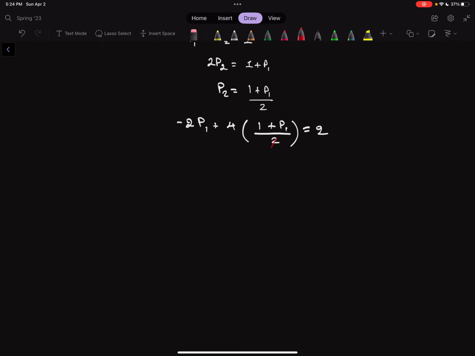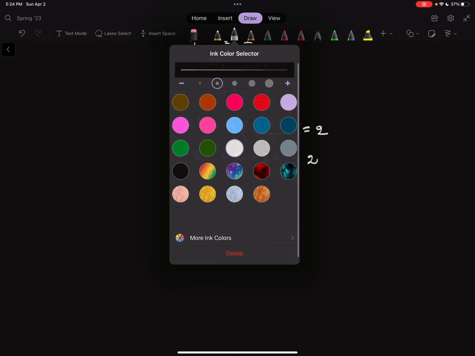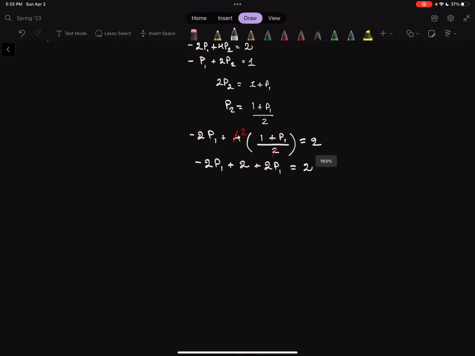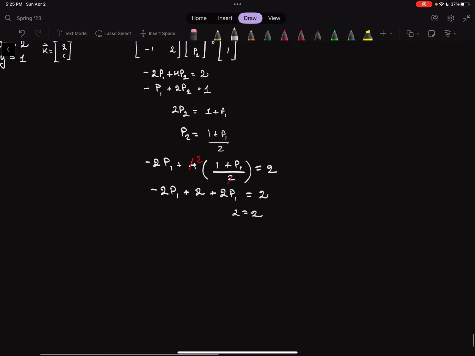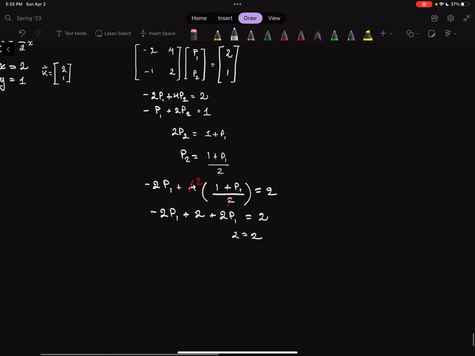Now this cancels. This becomes a 2. We got negative 2p1 plus 2 plus 2p1 equals 2. And what we get is what we should get, which is a statement that's always true because these two are linearly dependent.